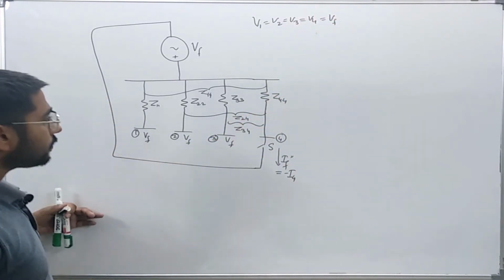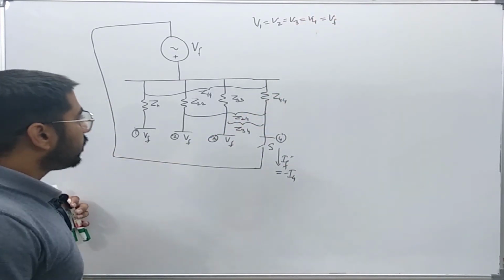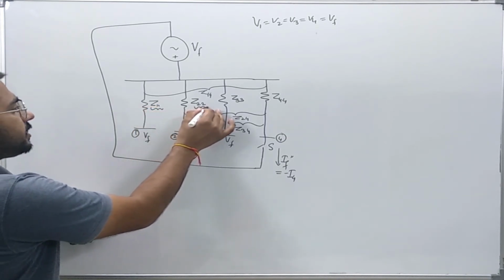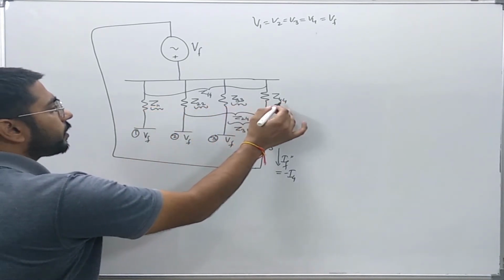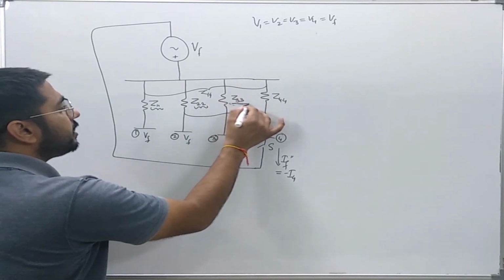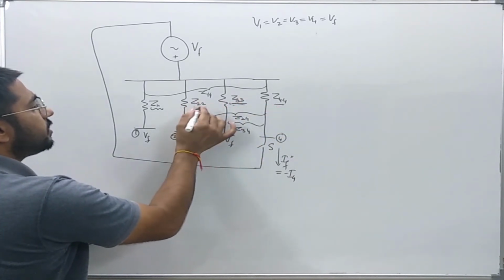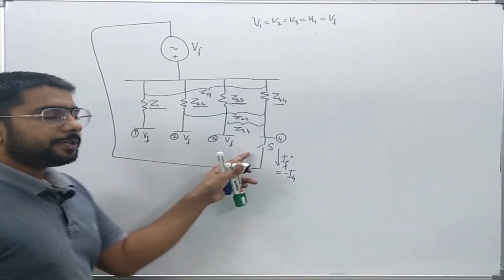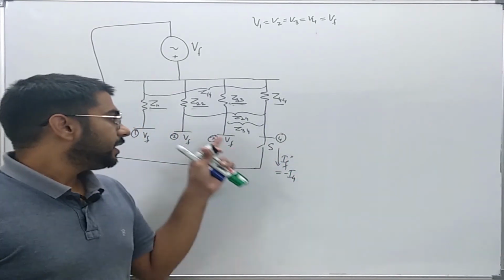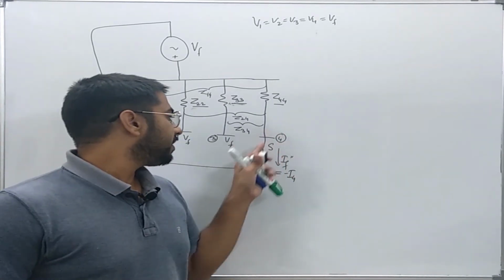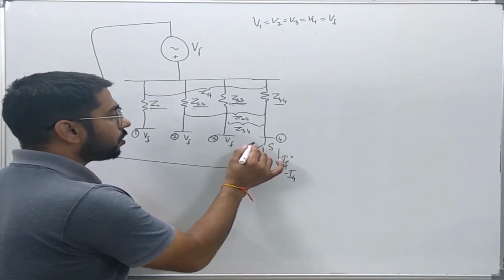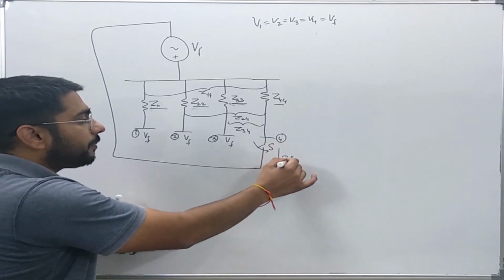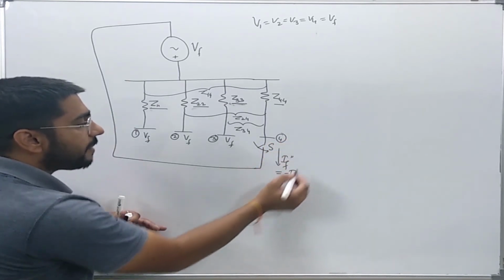Now, these are the Thevenin equivalent impedances seen from various buses, these Z11, Z22, Z33 and Z44. Now, this switch S represents the simulation of fault on bus number 4. When this switch S is closed, it will simulate the fault and a current IF double prime will flow, which is equal to minus I4.